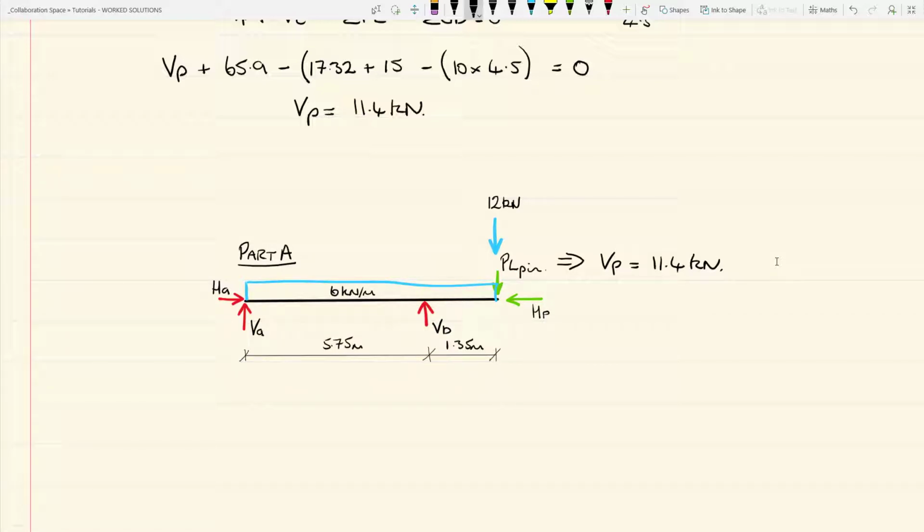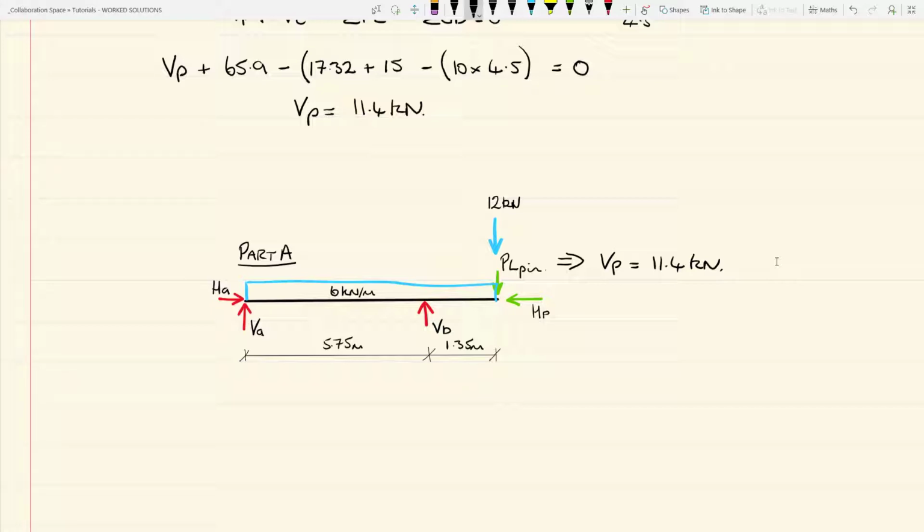As I say, that is to maintain static equilibrium of the pin, and as Mr. Newton said, every action has an equal and opposite reaction. So the vertical action at the pin, the support of the pin, has to be opposed by an equal and opposite point load at the pin to effectively cancel each other out, so you maintain static equilibrium of the pin.